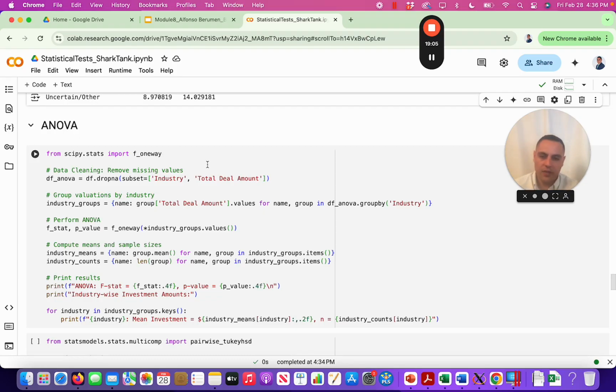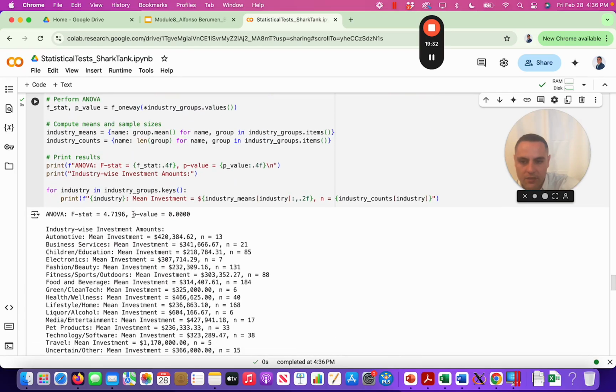In this case, we're looking at the total deal amount and then industry. And obviously we saw earlier with the chi-square that there are many industries, in fact more than two. So we're going to look at the ANOVA to see if there's a relationship between industry and total deal amount. So let's go ahead and run that.